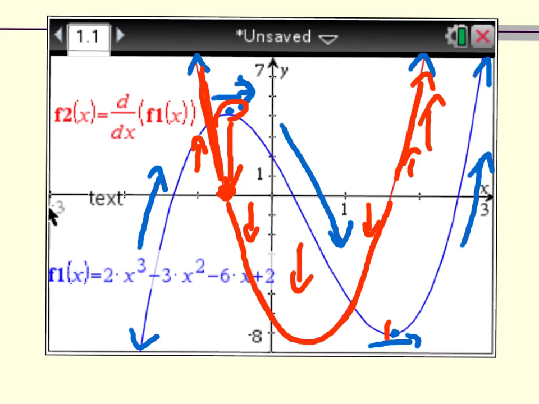And likewise, this minimum corresponds to the 0. So there seems to be a connection between the mountains and the valleys, as I call them. The top of the mountain and bottom of the valley actually helps us predict where the zeros of the derivative are. And that's a very powerful connection that you need to make as we start to look at functions of this nature.